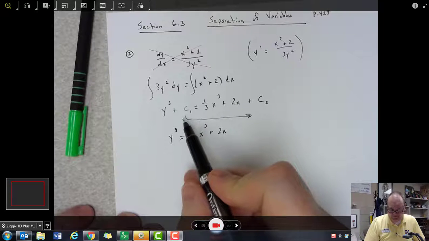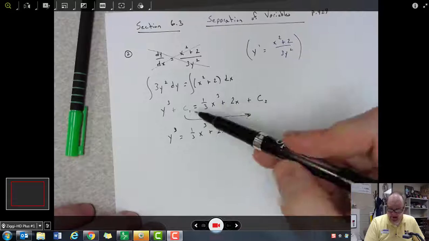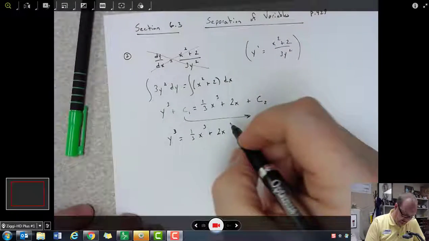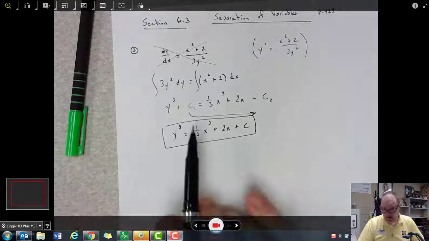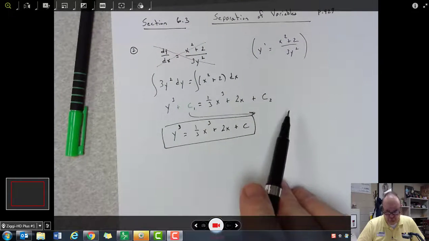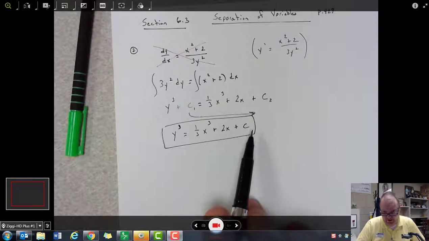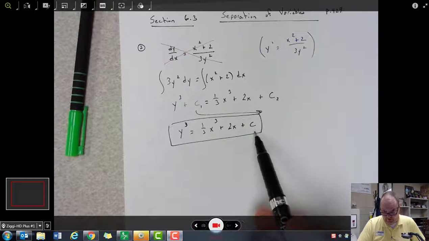It's positive, negative, 0. This is a constant. It's positive, negative, 0. I'm combining those constants together, and a constant plus or minus a constant is still a constant. So I'm probably not going to say C1, C2, and C3 anymore. I'm going to say a C plus a C is still some other constant. They're not all necessarily the same, but at any rate, there it is.